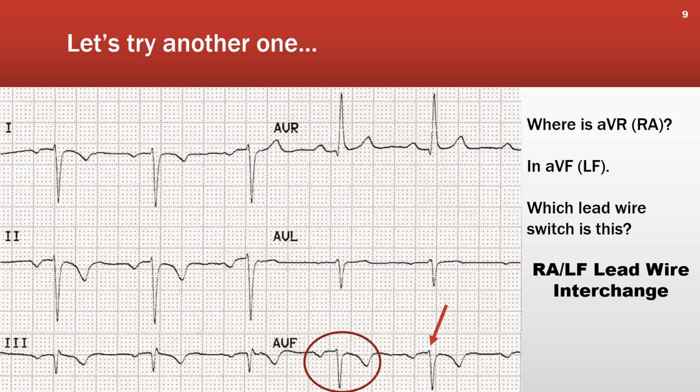Now let's look at something else. When we look over in the standard leads, we see morphologies that could pass for lead AVR. In all of them, there is a negative P wave, a primarily negative QRS complex, and an asymmetrically negative T wave.